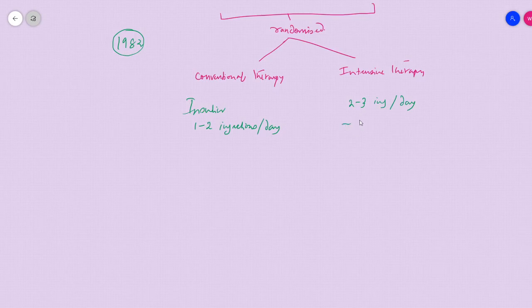Or they were given continuous insulin infusion using a pump, and they were frequently monitored.